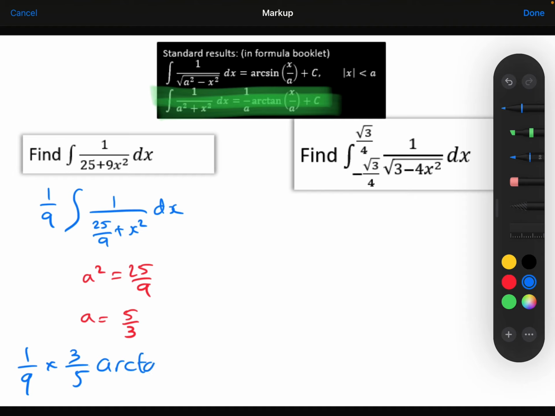Arctan of x divided by a, so x divided by 5 over 3, which is going to be 3/5 x. And again, other than just simplifying the coefficients at the front here to be 1 over 15, we're done.